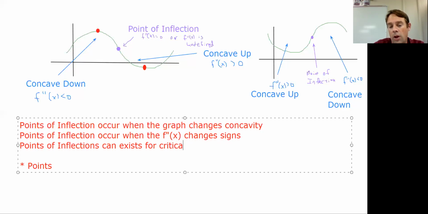So actually critical numbers of the first derivative, because critical numbers are when the first derivative is 0. But these are going to be more critical numbers for our second derivative.